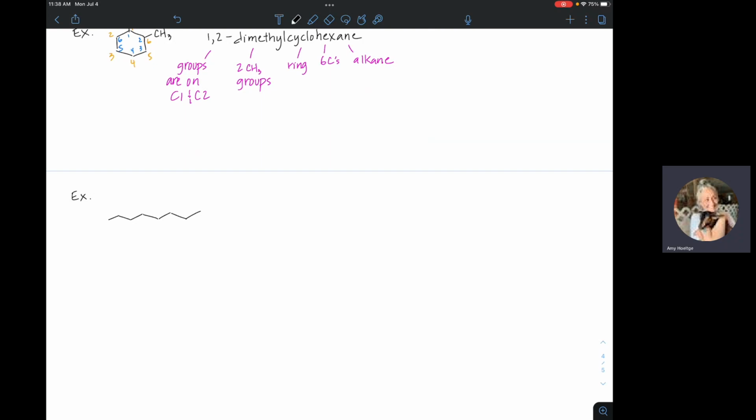Let's stick a chlorine on that carbon. Maybe on this one, we'll just do a methyl group. So notice there's just a stick there. That carbon on the tip, that's the end of a line. So that's a carbon, right? And the hydrogens are implied. That's how you draw a line bond structure for a methyl group.